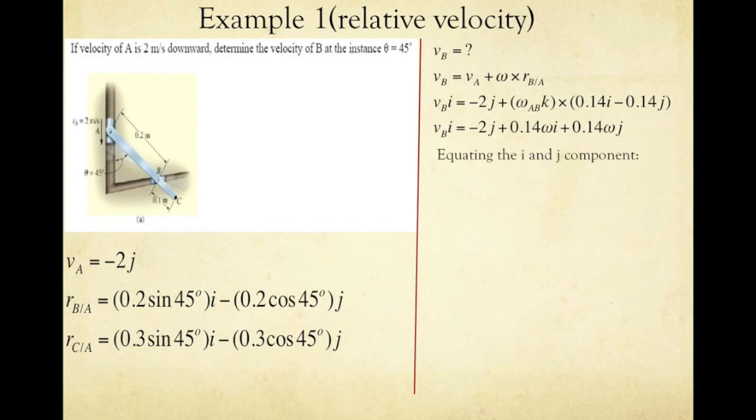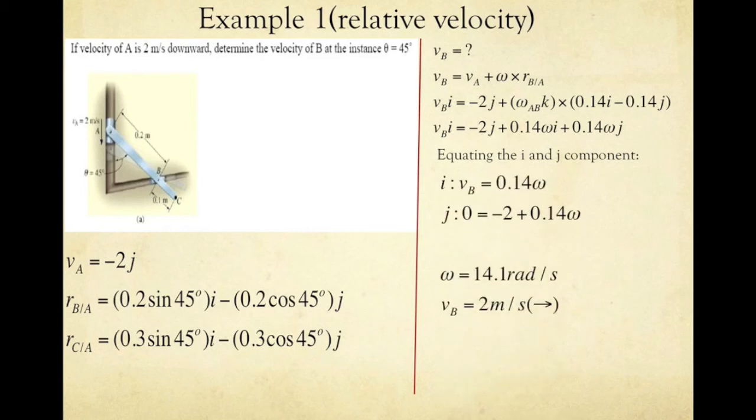And then equating the I and J components, we will get the omega and velocity of B, which are 14.1 radian per second and 2 meter per second respectively. If you want to find the velocity of C, we can just use the same equation. Just change the B with C, which is VC equals VA plus omega cross RC with respect to A. It's as simple as that.